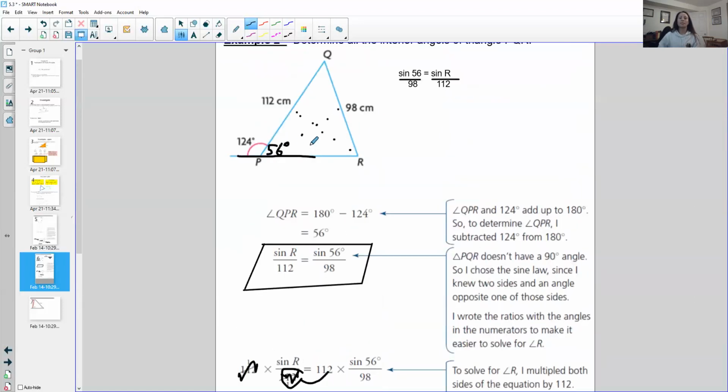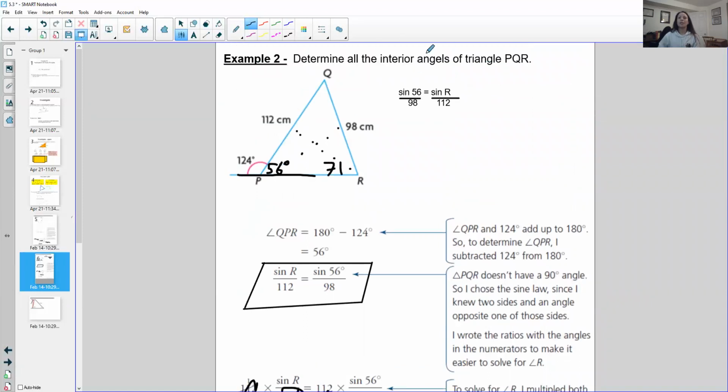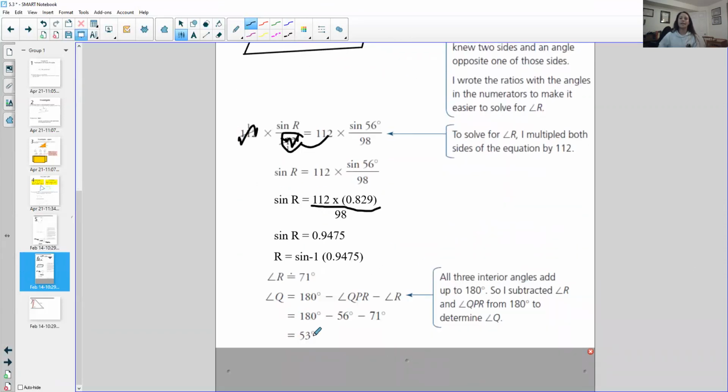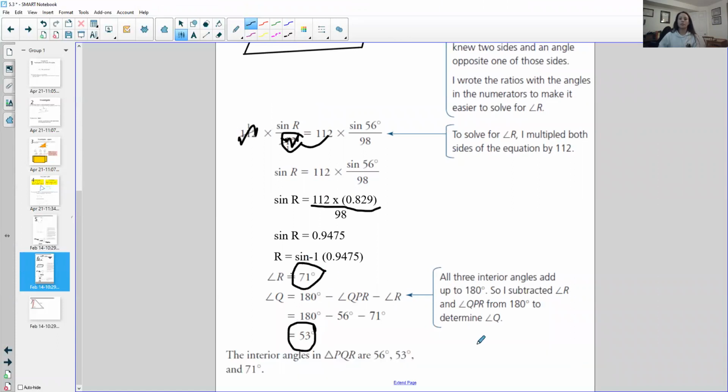So we know that this is 56, this is 71, and the question asked for all of the interior angles. So in order to solve for Q, just take 180 minus 56 and minus 71. Down here, that's all that they're doing to get the third angle. So we've got our 3 angles for our triangle, and they gave us the 56.